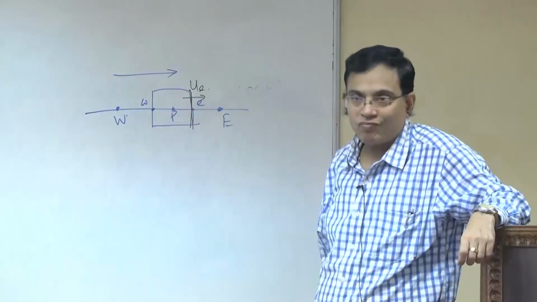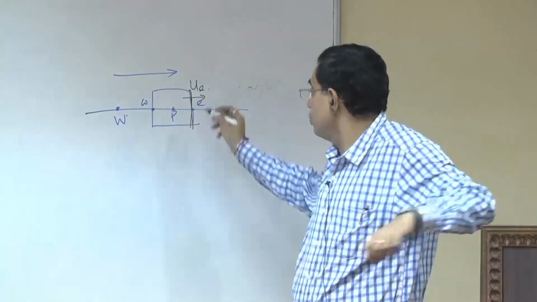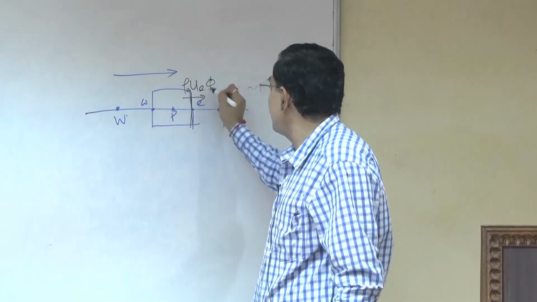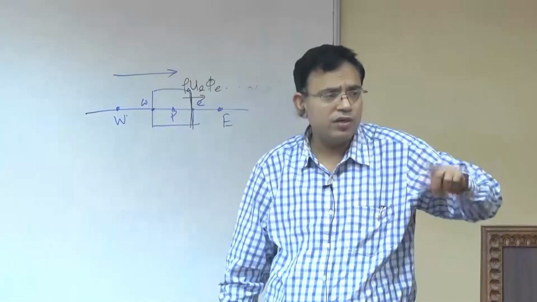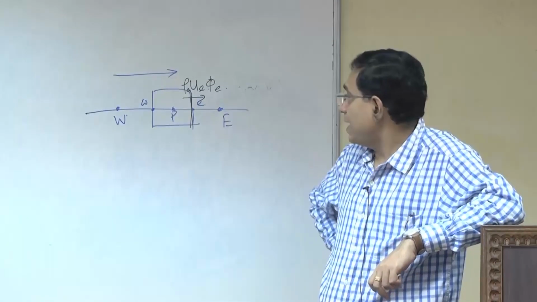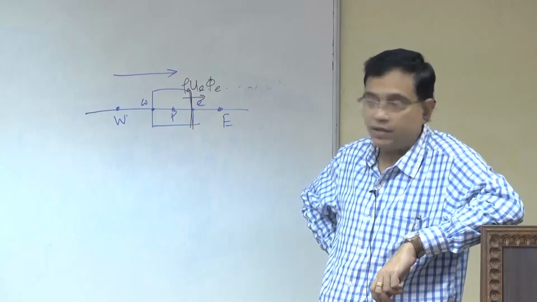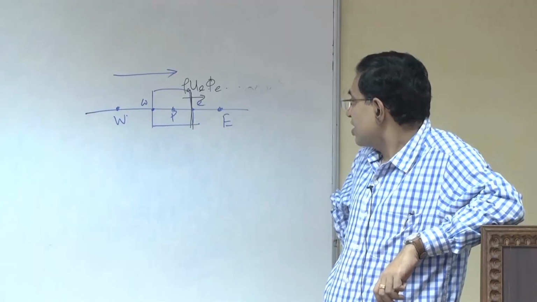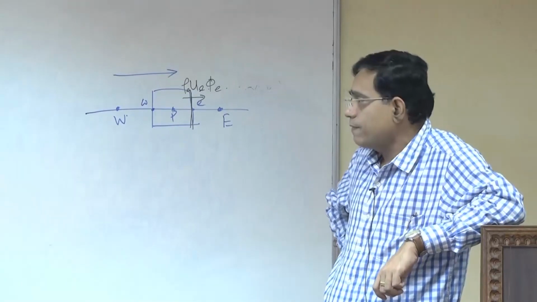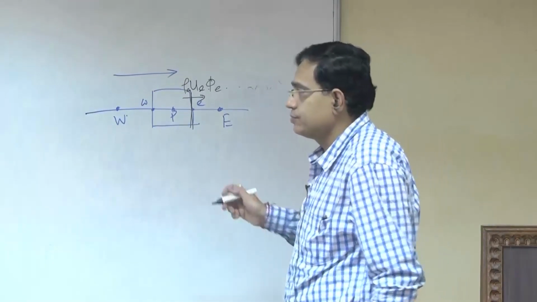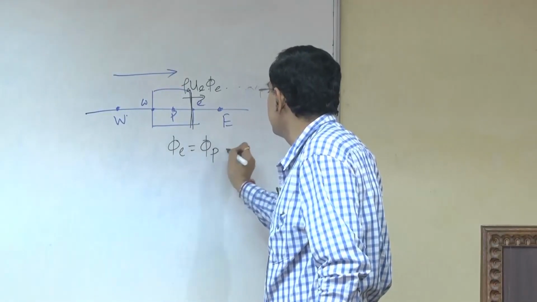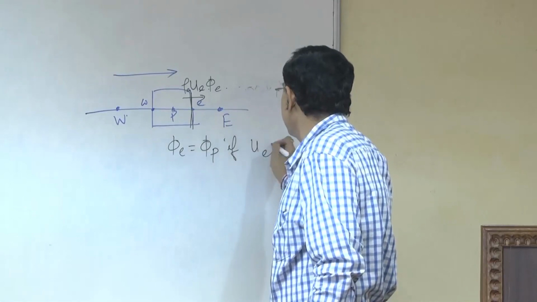So, now overall rho E UE phi E, because UE already, your main interpolation challenge is phi small e. What it says is that if it is a strong unidirectional flow, then you have phi small e equal to phi P if UE greater than 0.